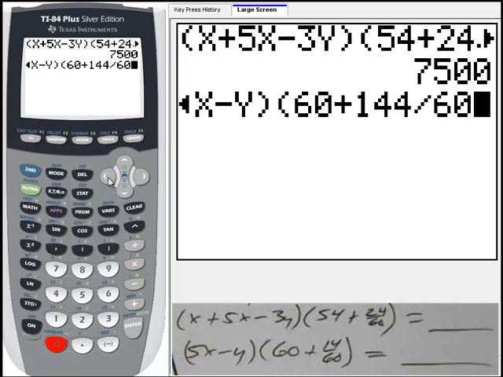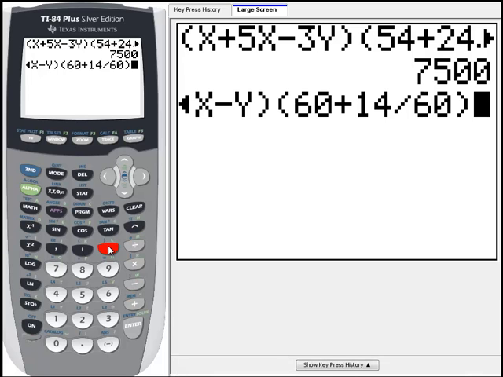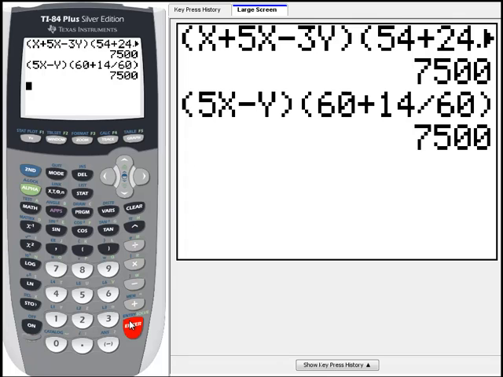Wait, there's an extra 4 that's appeared there. Delete. Okay, need a parenthesis. Let's enter. Okay, great. 7,500. Just what we were hoping for.